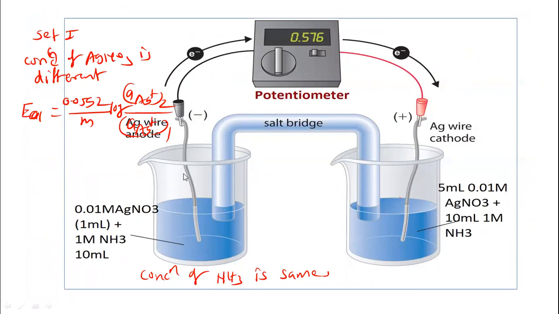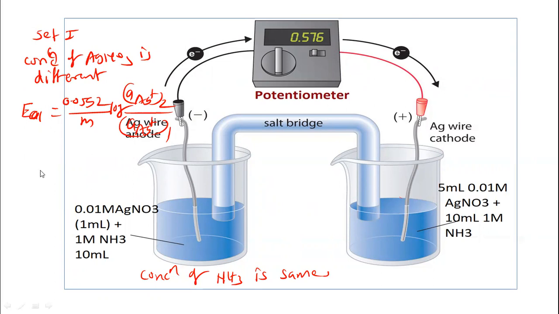The left-hand side beaker we cannot change. In the right-hand side beaker, only the silver nitrate solution is changed: 5 ml, then 7.5 ml, then 10 ml. In this way the concentration of silver nitrate changes while the concentration of ammonia stays the same in both compartments.